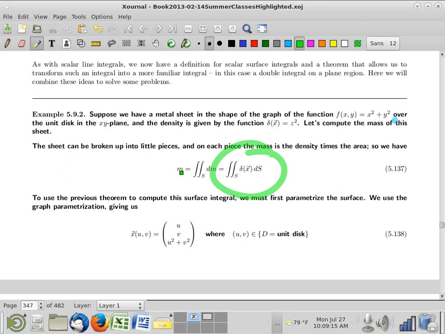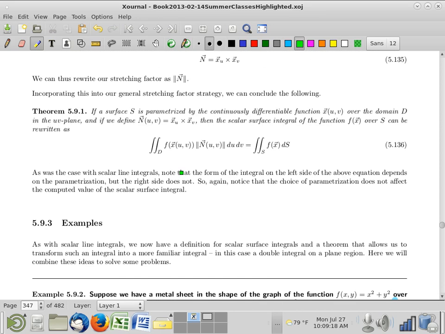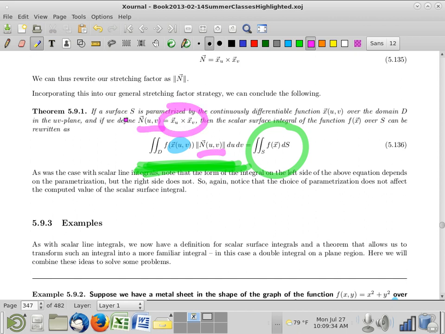And in order to compute, notice that our formula for computing involves the parameterization. Everything is written in terms of the parameterization. We're going to rewrite the integrand in terms of the parameterization. The stretching factor is computed from the parameterization. So you've got to have a parameterization to use this formula. Everything here is done from the parameterization.